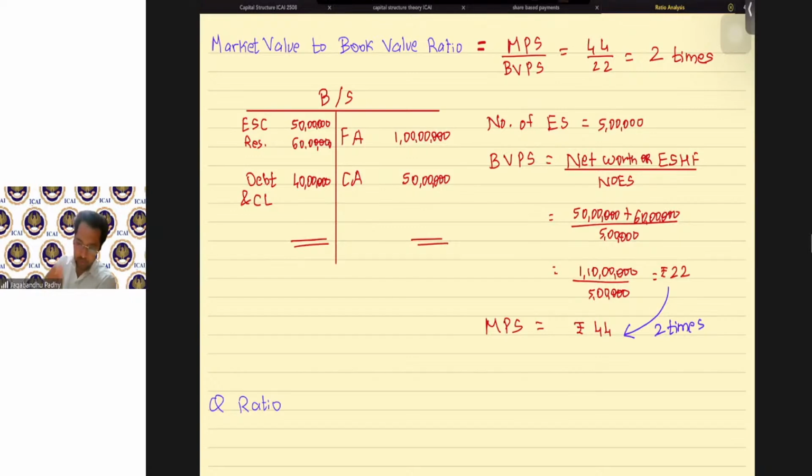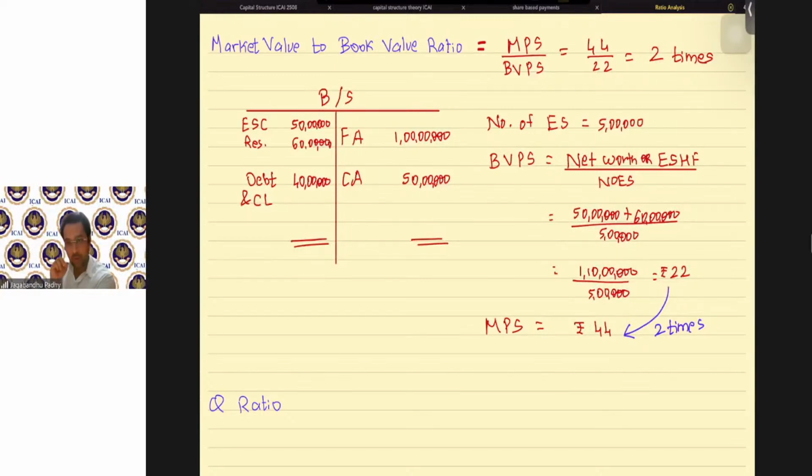Okay. So when we say the market price is 2 times, what do you feel? What does this number indicate? Is the share valued higher than its book value? Yes, it is. Now, why are people ready to pay double the book value?